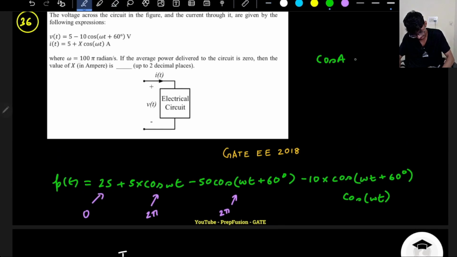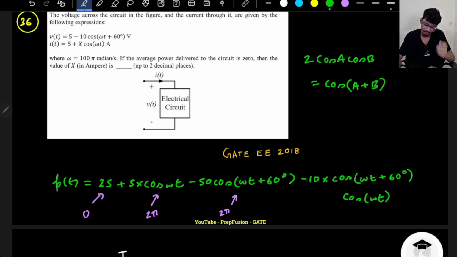If I remember it correctly, it is cos A plus B plus cos A minus B. I am really bad in trigonometry, I forgot the formulas, so let me quickly confirm.